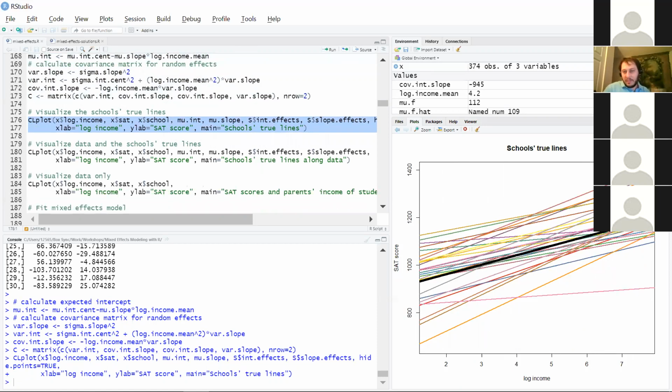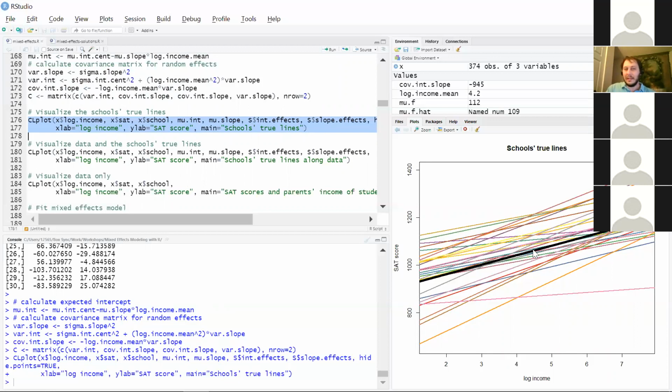I've got a thick black line representing the true mu intercept, mu slope line. There are 30 schools, and every school has its own line that deviates from the true line.